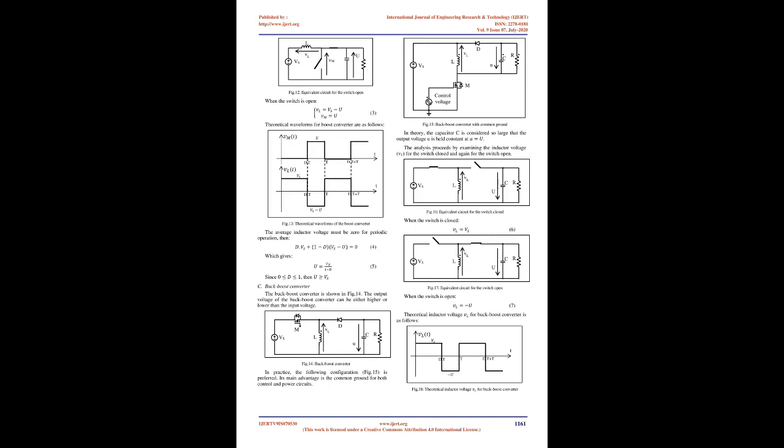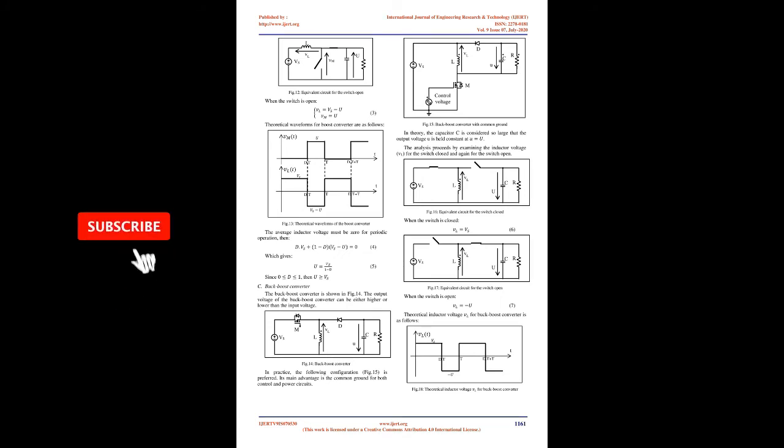In practice, the following configuration, Fig.15, is preferred. Its main advantage is the common ground for both control and power circuits. In theory, the capacitor C is considered so large that the output voltage U is held constant. The analysis proceeds by examining the inductor voltage, VL, for the switch closed and again for the switch open.